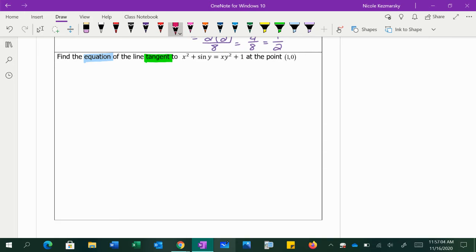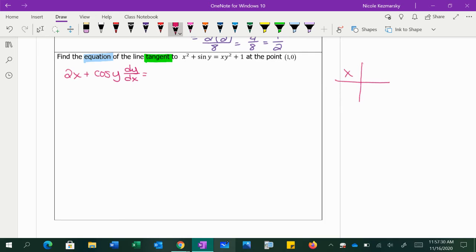So the derivative of x squared is 2x. The derivative of sine of y is going to be cosine of y, and then we also need a dy dx because we took the derivative of y. On the other side of the equal sign, we're going to have to do product rule on xy squared.